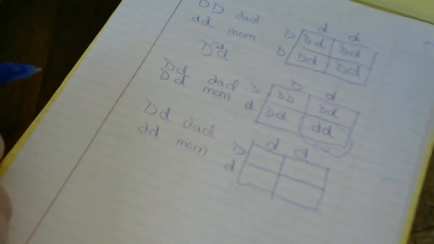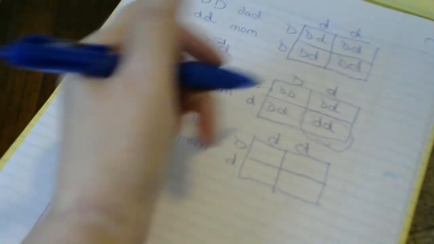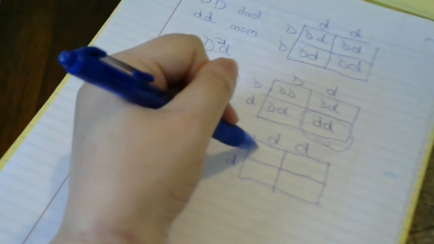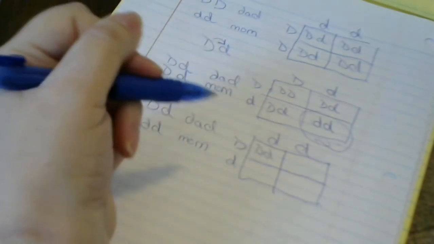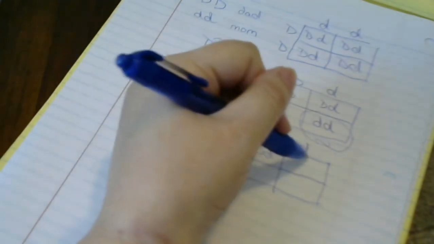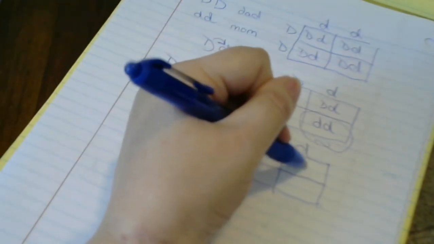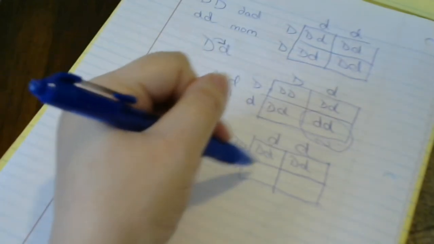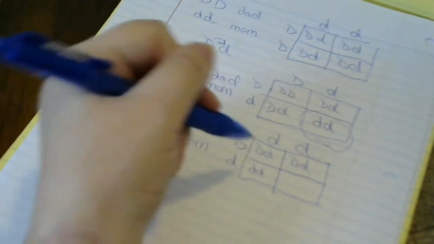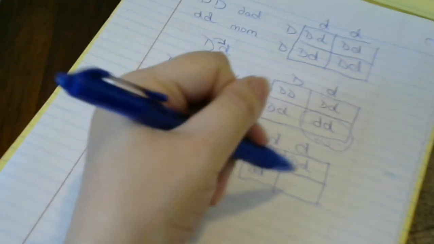Okay, so let's do this again. Big D, little d. Okay, and then big D, little d. Then you have little d, little d. Oops, and little d, little d.